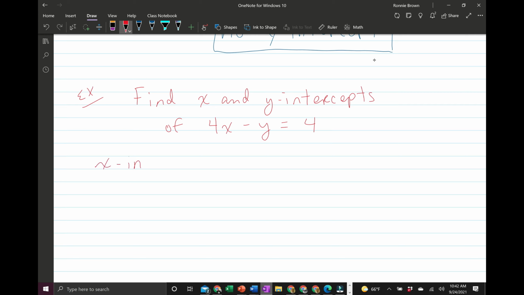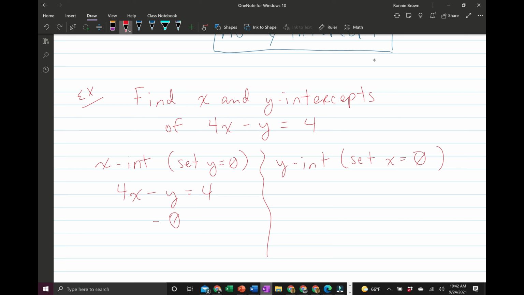So to find the x-intercept, we have to set y equal to 0. And then to find the y-intercept, you guessed it, we have to set x equal to 0. So you always set the opposite letter equal to 0 to find that intercept. So again, we're going to use the original equation, and now we're just going to plug in 0 for y to find the x-intercept.